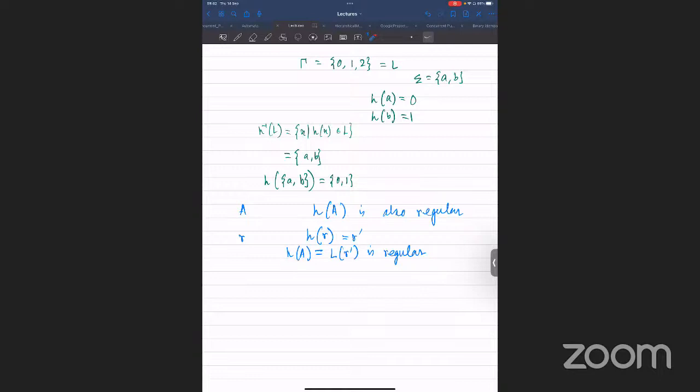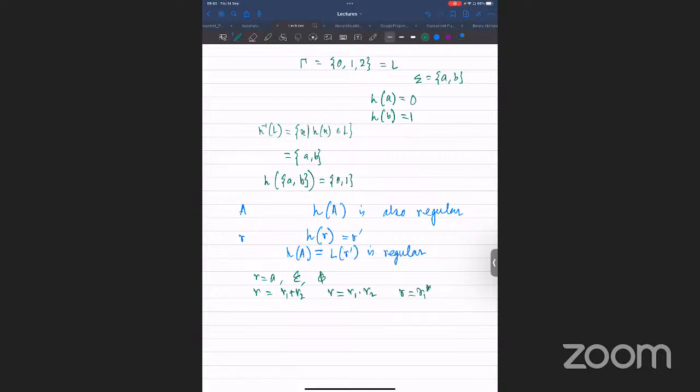And we started with the base cases, correct? What were the base cases? R equal to a, epsilon, and the empty set. We showed it for this. Then we showed for R equal to R1 plus R2. We showed for R equal to R1 dot R2. And then we said, what if R equal to R1 star?